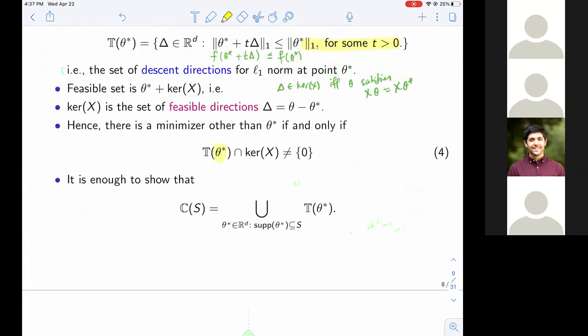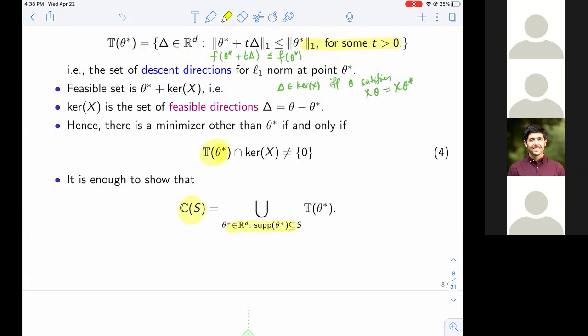So I can fix this by taking the union over all theta stars whose support is in S. So instead of looking at the tangent cone at a single theta star, I look at the union of all these tangent cones at theta stars whose support is in S. So these are the theta stars that we care about. And this C_S would be the union of all these descent directions.